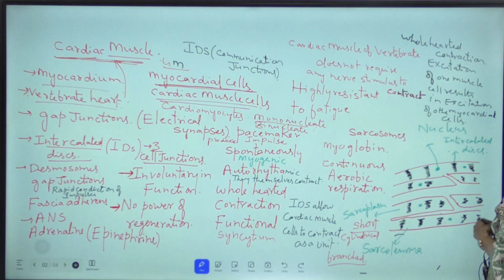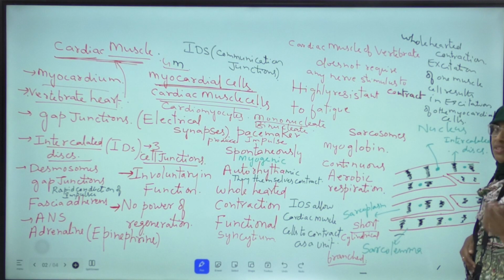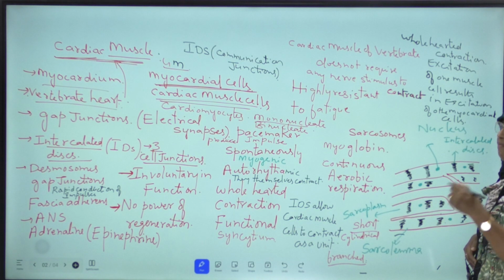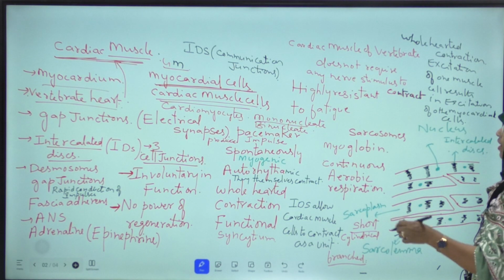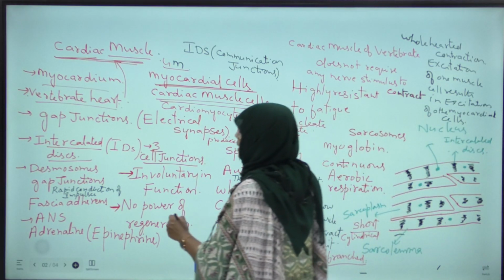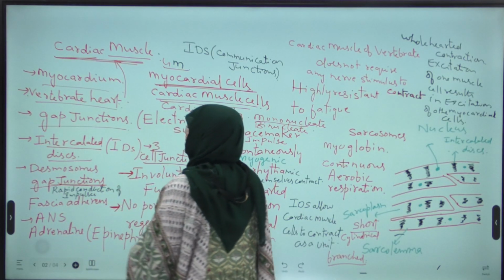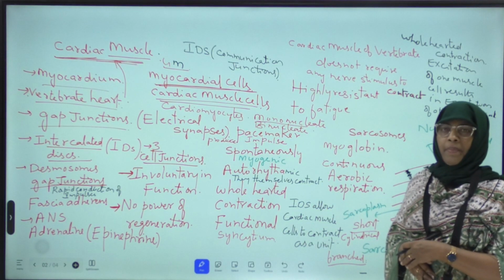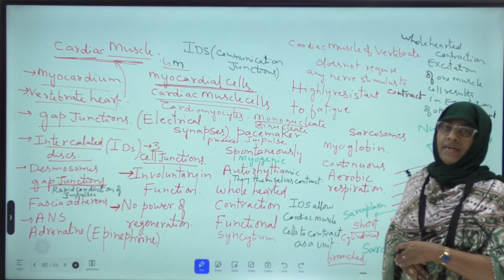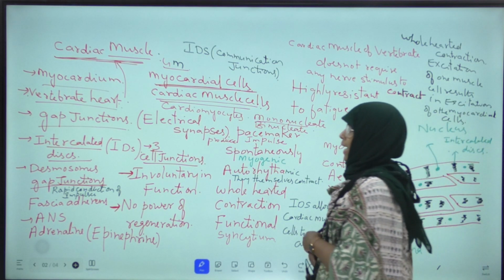Next, the ends of these cells consist of branches. The branches of one cardiac muscle cell are connected to the branches of adjacent muscle cells and form gap junctions.